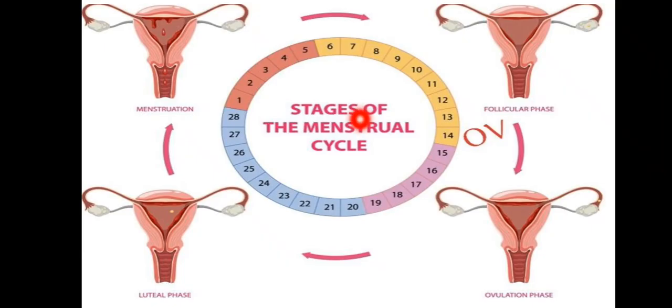So we ended on this particular picture in which I outlined what is happening in the menstrual cycle from day 1 to day 14. I also outlined what's happening in the ovarian cycle from day 1 to day 14. Then I did the same for day 15 to day 28 in the menstrual cycle, and for day 15 to day 28 in the ovarian cycle.